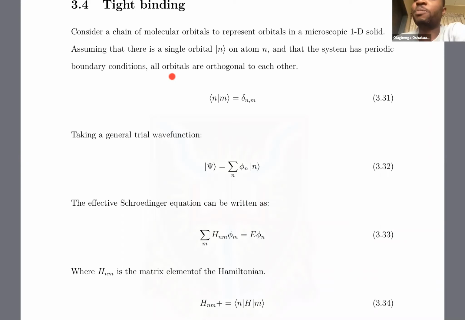We've done periodic boundary conditions in the past. All orbitals are orthogonal to each other, and this is the condition of orthogonality. So one orbital n must be orthogonal to m. The Kronecker delta nm gives us 0. And this is a trial wave function, and the Schrodinger equation.